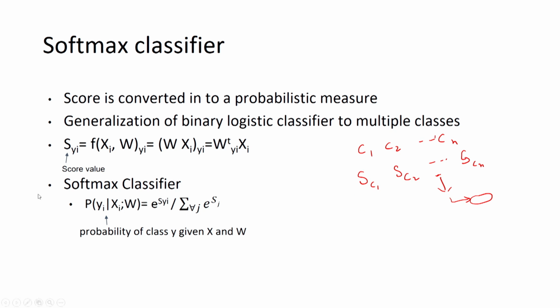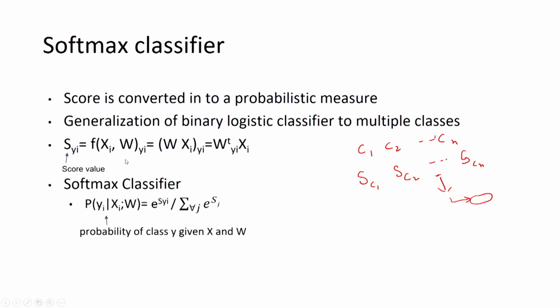So, S of yi, where yi is the ith class. We will calculate a score for each class, and to calculate this score we will need to provide the test instance and your model parameters.